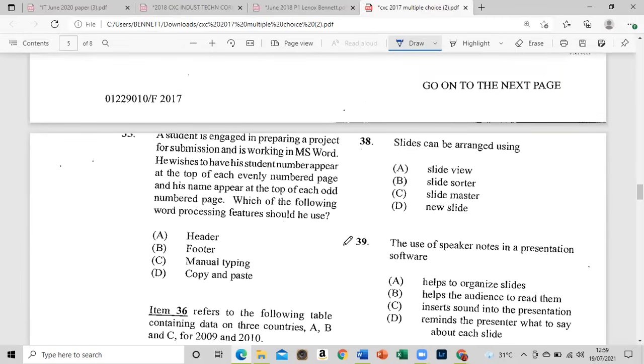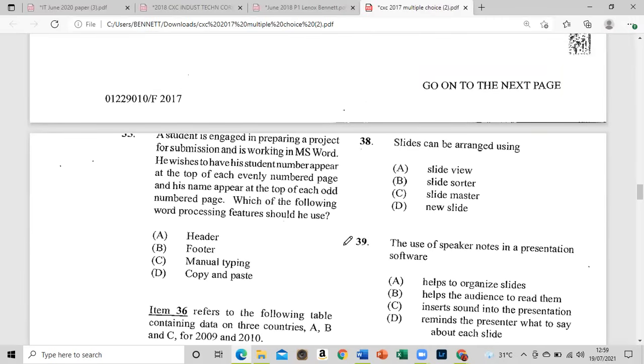All right. A student is engaged in preparing a project for submission of his work in MS Word. He wishes to have his student number appear on top of each even numbered page, and his name appear at the top of each odd numbered page.